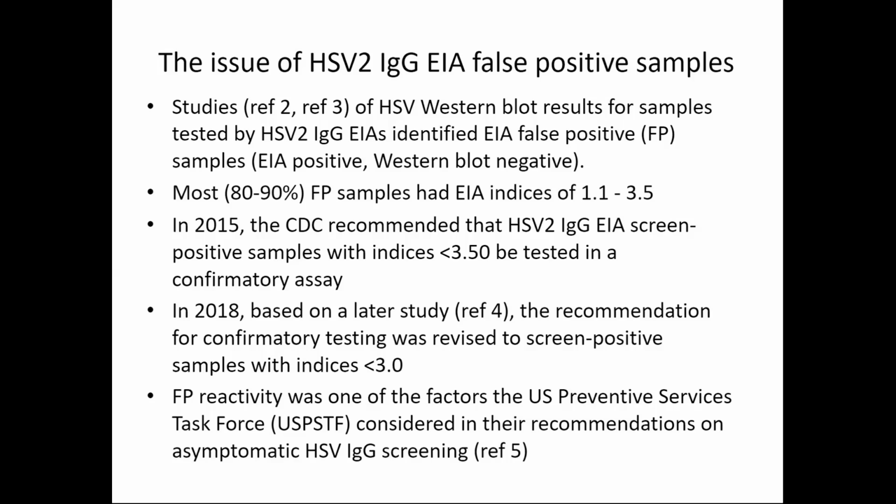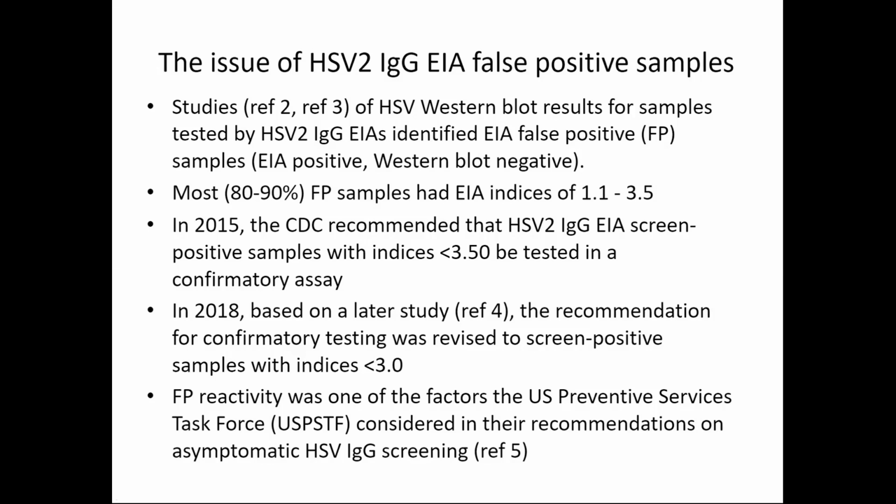But there is an issue with HSV-2 IgG EIAs, and that is false positive reactivity. Studies of Western blot results for samples that had been tested in the HSV-2 IgG EIAs identified EIA false positive samples. In other words, these are samples that were positive by the EIA for HSV-2 IgG, but negative on the Western blot. Now, most of these samples, up to 90%, had EIA index values between 1.1 and 3.5.